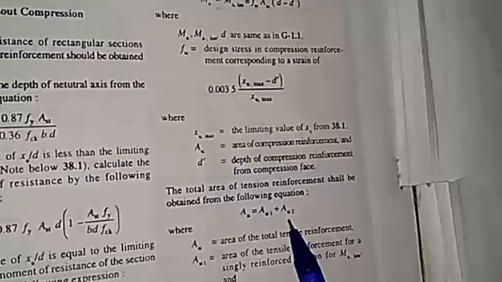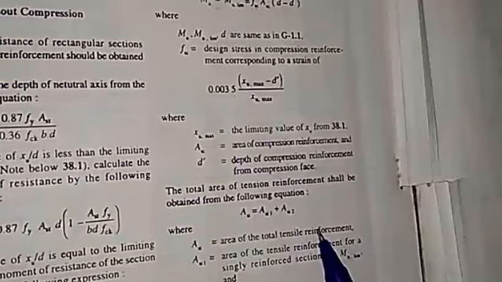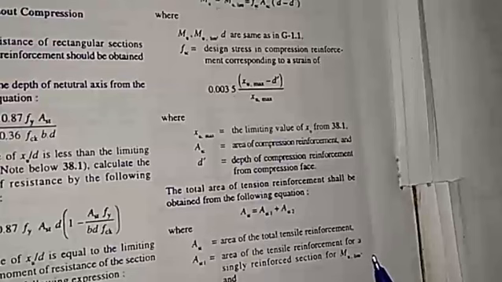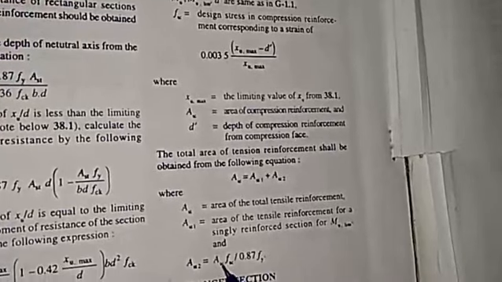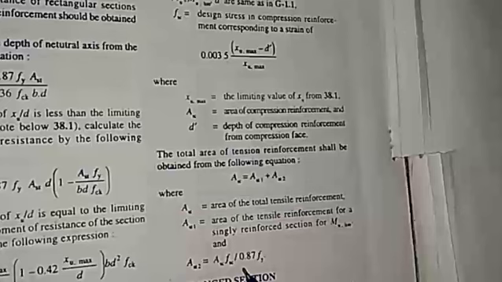So we can calculate Ast2 from here, and then we also need to calculate the area of compression steel, that is Asc. In terms of Ast2, Ast2 equals Asc into fsc by 0.87 fy. With the help of this formula, we can again calculate Asc here.